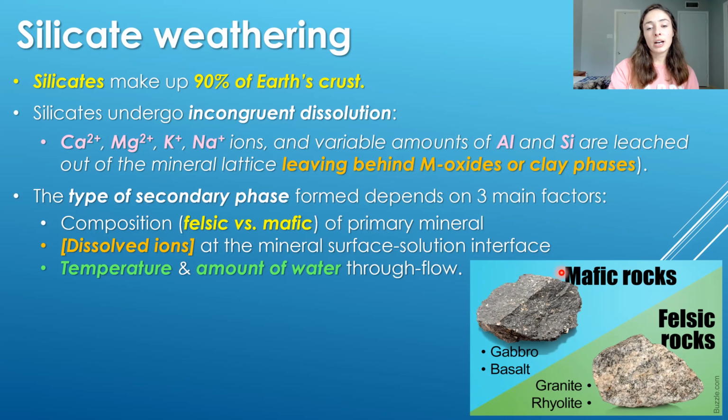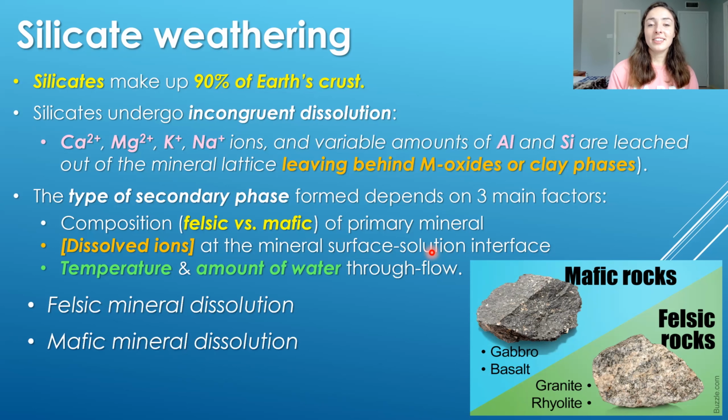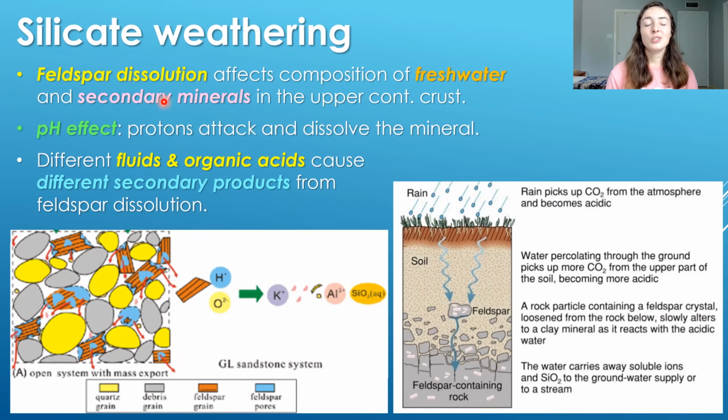And the two other factors are things like the concentration of the dissolved ions at the mineral surface, as well as conditions like temperature and the amount of water through flow. So let's talk a little bit about how felsic mineral dissolution works, and then we'll talk about how mafic mineral dissolution works.